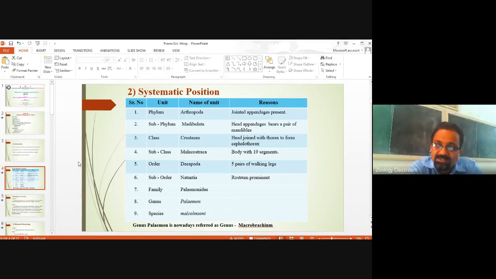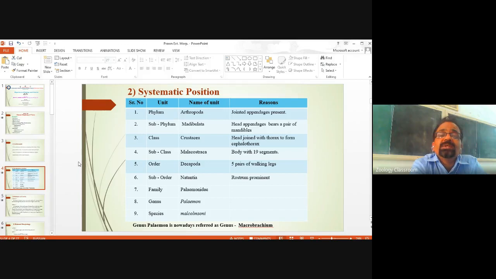Yes, maxilla, very good. Any more? Perhaps you might have come across words like labrum, labium, labial palps, hypopharynx, mandibles, and maxilla. So these are the different mouth parts of cockroach you have already studied.